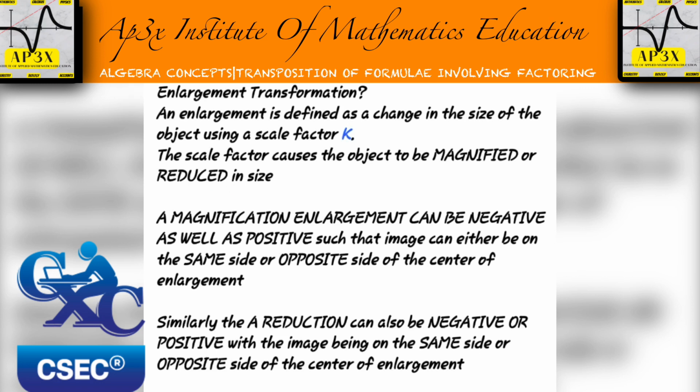And so this change in the size of the object is as a result of a multiplier, or what we refer to as a scale factor, which we represent by the letter K. So K represents the scale factor of the enlargement. Now, enlargement, as I said, extends to the fact that not only can an object get bigger, but an object can also get smaller.